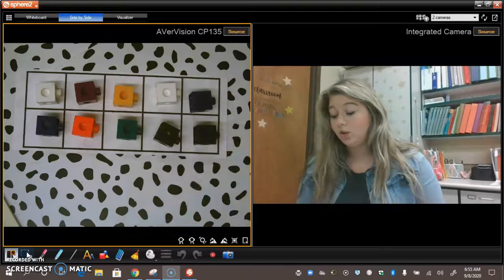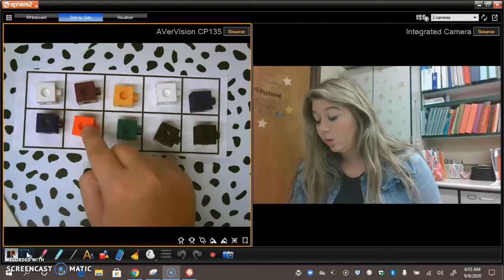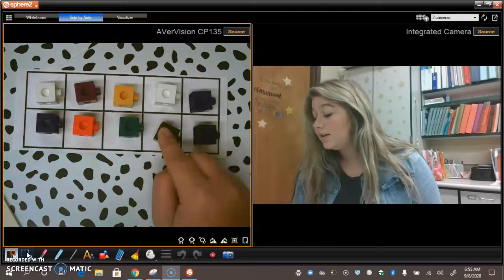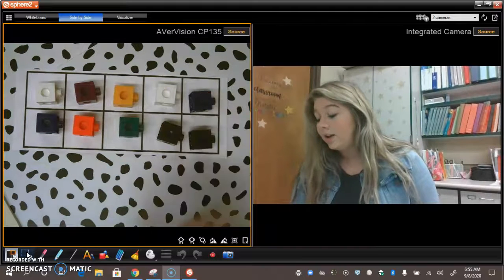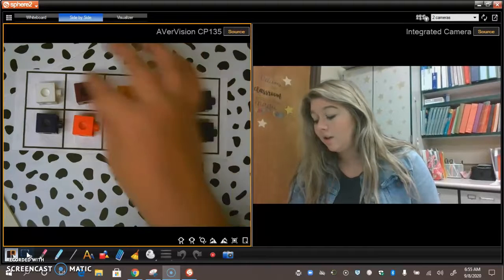And let's count the cubes. 1, 2, 3, 4, 5, 6, 7, 8, 9, 10. Now, every cube has a pair, so we know that this is an even number.